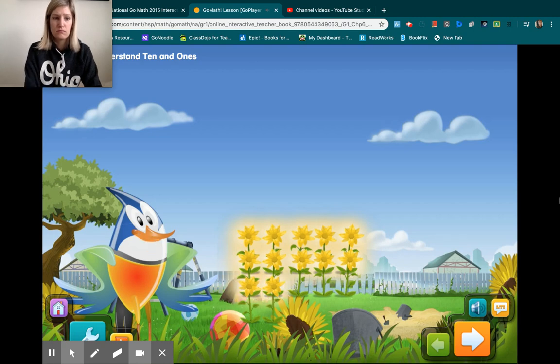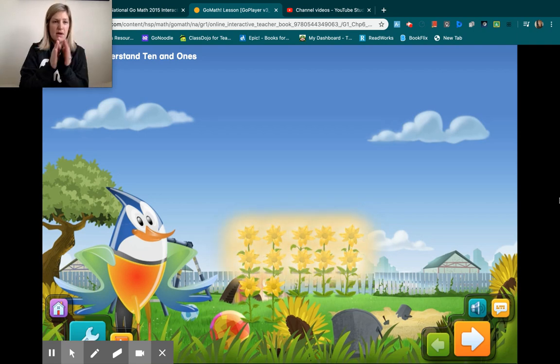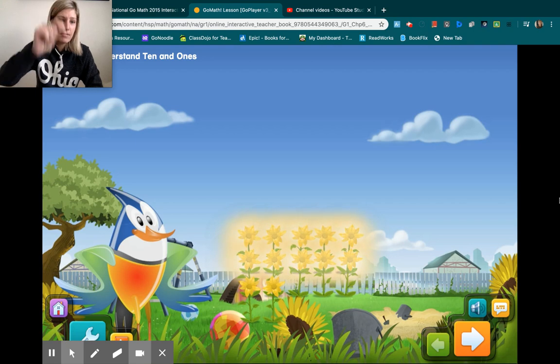There are 12 yellow flowers. Wow, 12 beautiful flowers. I wonder how we can group them. Click to find out. So she's going to group them in a different way, which means basically she's going to organize them in a way that our brain can figure out how many there is in a snap like that.